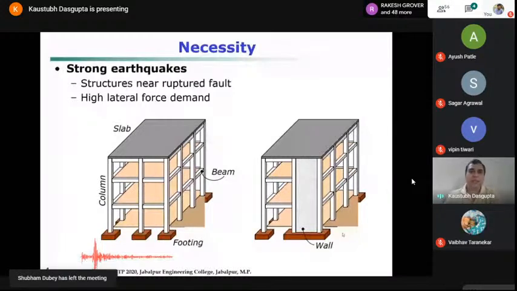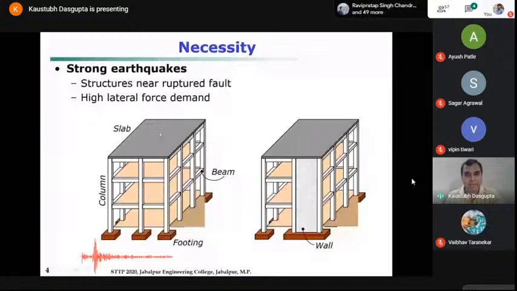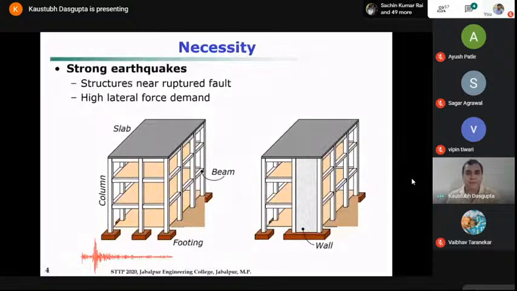In your moment resisting frame building, the typical elements consist of the roof and floor slabs, along with the vertical members, typically columns, and then you have the beams. The beam column action and their behavior make up the lateral load resisting mechanism. They are the primary components.